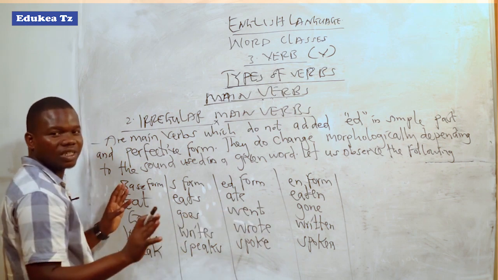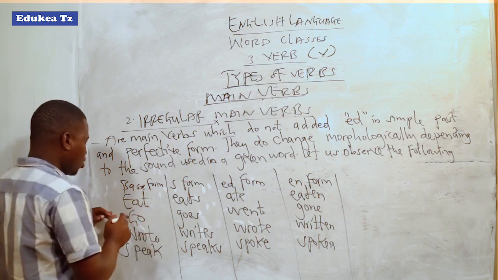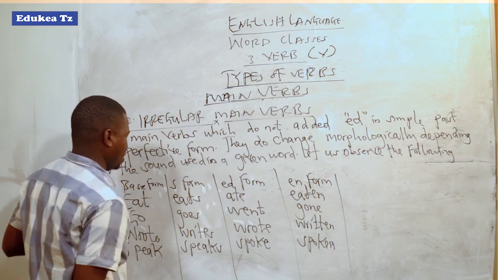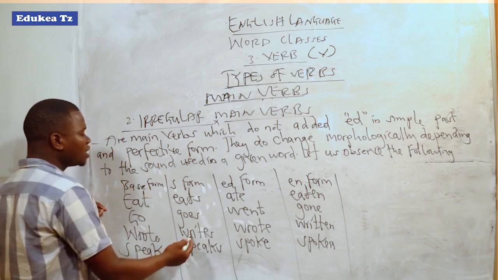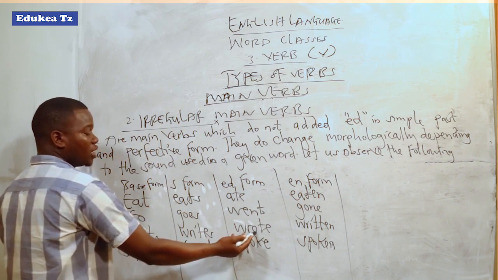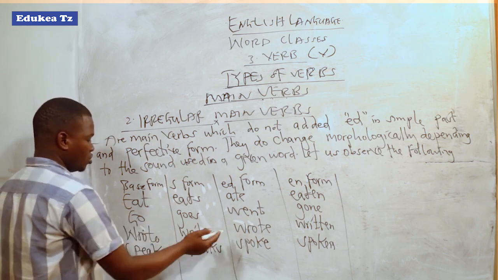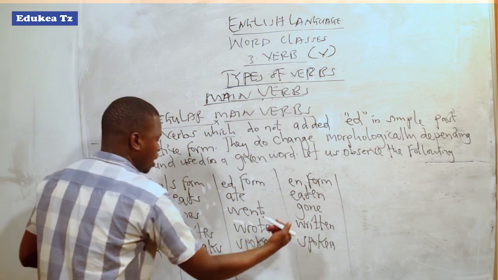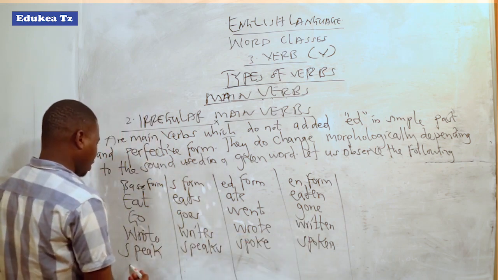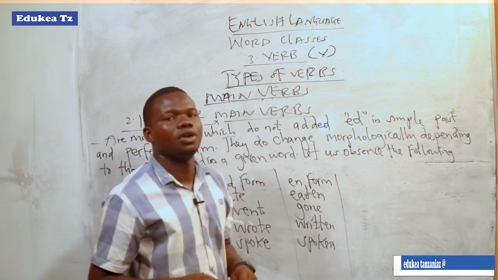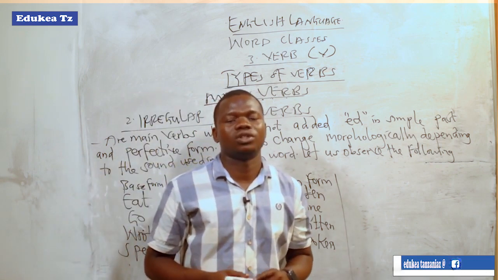They differ. Go, went. While in the en form it becomes gone. Write, writes, wrote. So there is morphological change here from write to wrote. Again here written. Speak, speaks, spoke, spoken. So these are a few examples of irregular main verbs.